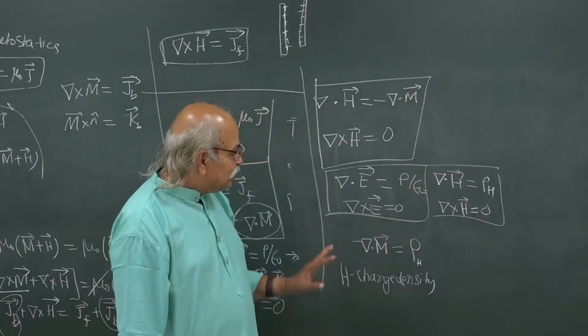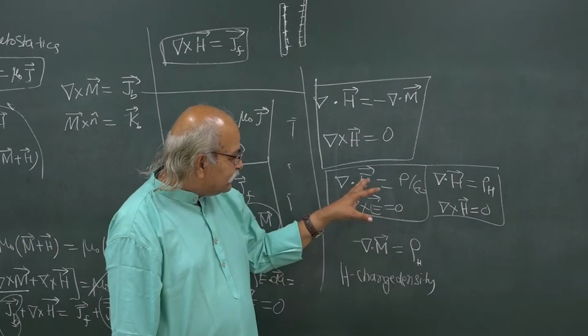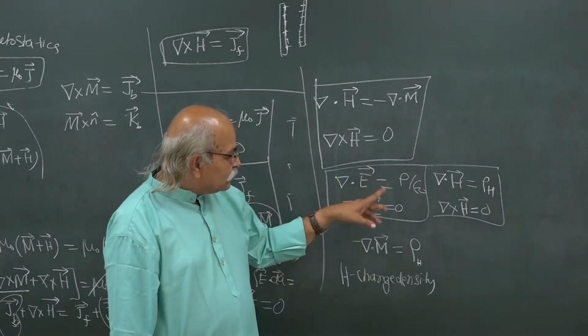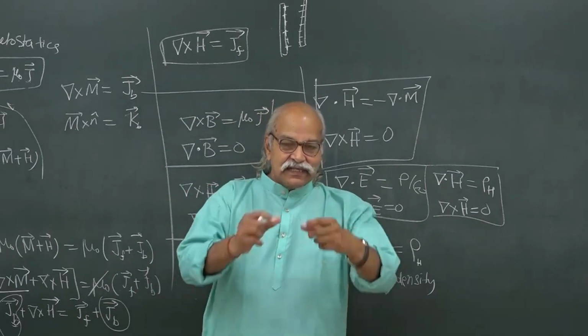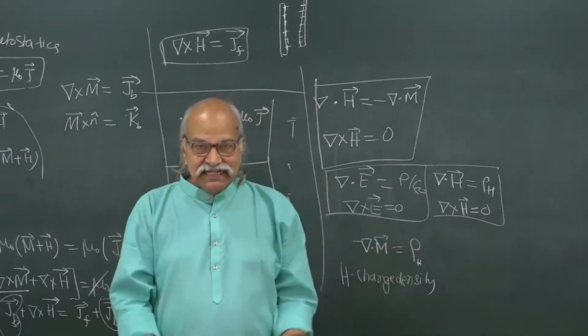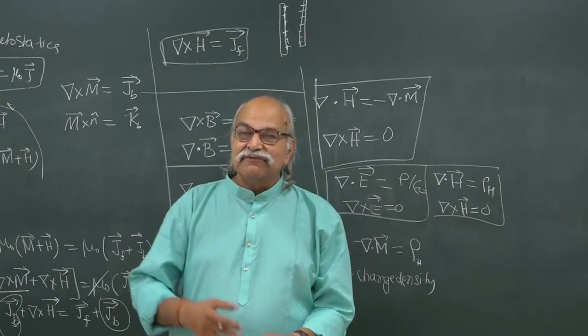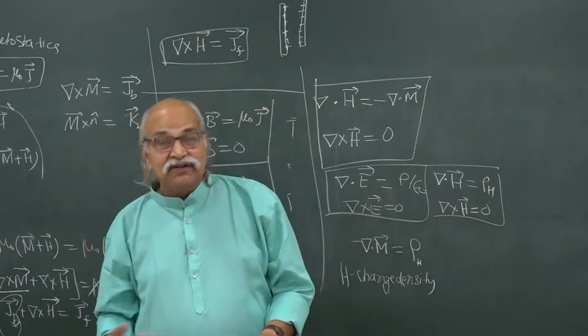So, let us take some cases where we can use this, and there are two methods. Finally, suppose our problem is that there is a magnet or a magnetized material and I want to know the B field because of this.